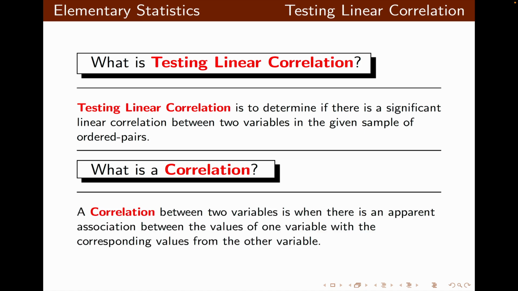What is correlation? A correlation between two variables is when there is an apparent association between the values of one variable with the corresponding values from another variable.